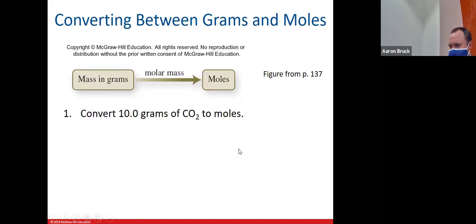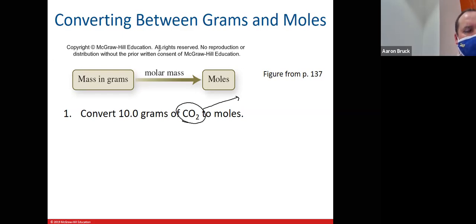So when we have to go between grams and moles, it is going to be the molar mass that ultimately forms that bridge. If you remember from a previous problem, we determined earlier that the molar mass of carbon dioxide was 44.01 grams per mole.